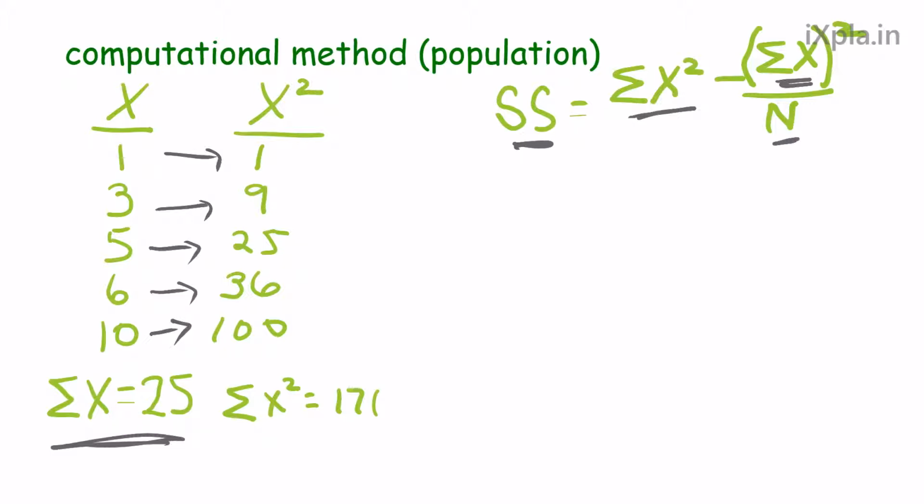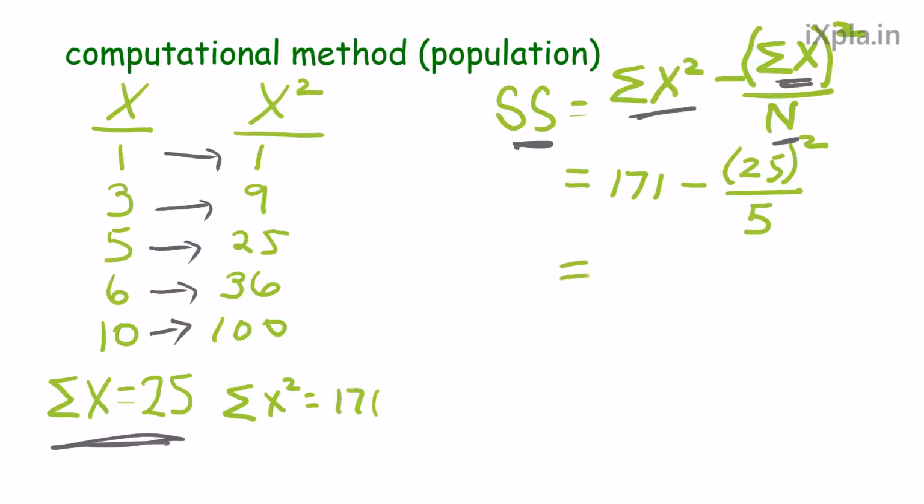Now it's simply a case of taking these numbers and substituting them into that equation. So the sum of x squared is 171 minus the sum of x, squared, divided by n, which is 5.